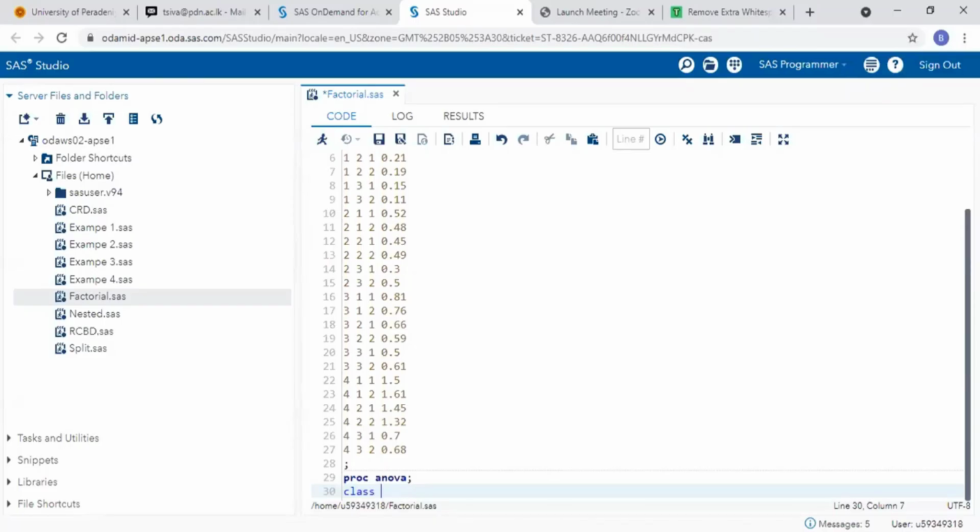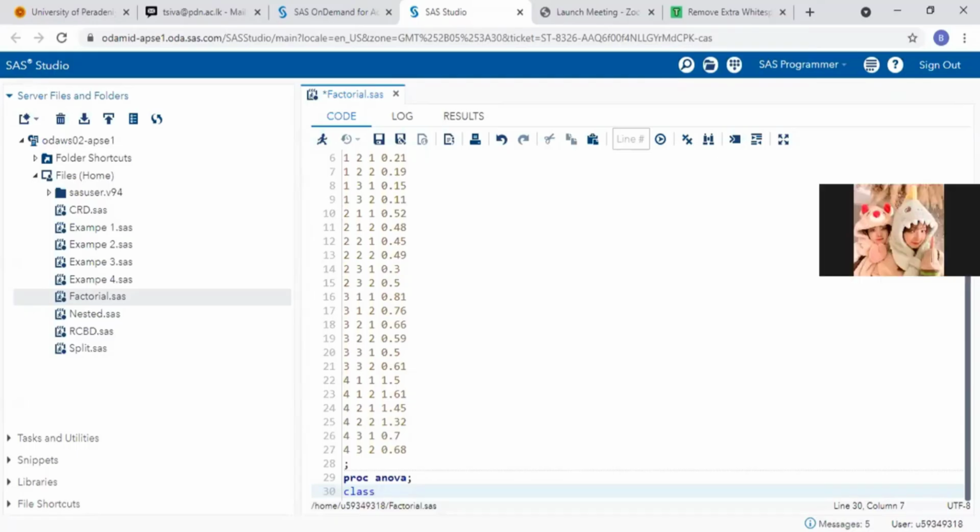Kajanita. Yes, sir. What are the class variables in this example? Classified, coded data or coded information. What are those?